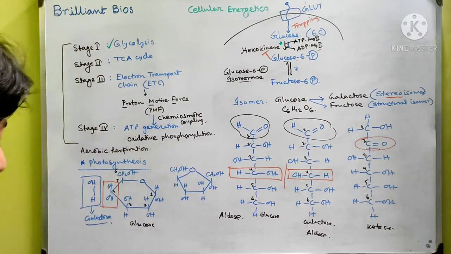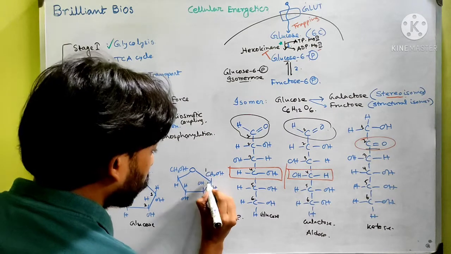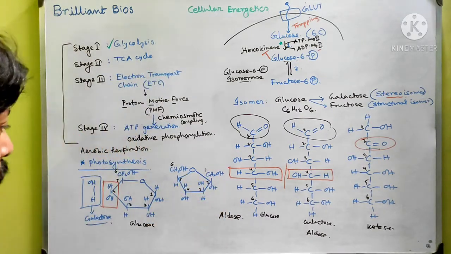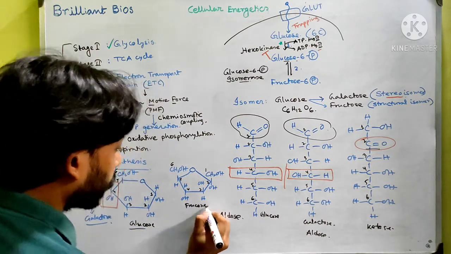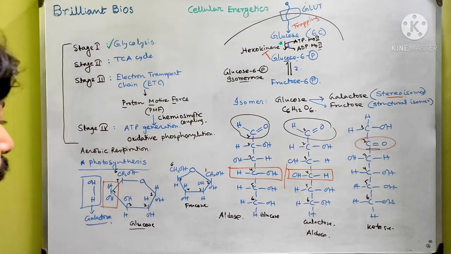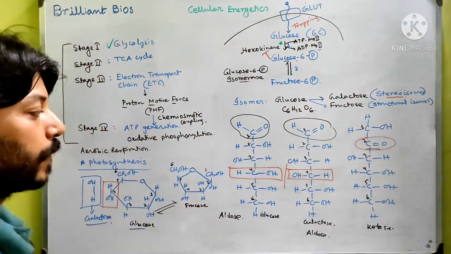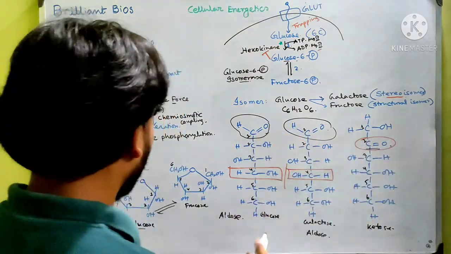You can see that it contains first, second, third, fourth, fifth and sixth. The structure of glucose and fructose is so different. So this is actually a structural isomer. It differs in the aldehyde and the ketose group.